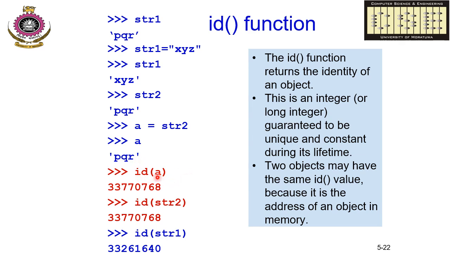So if you say id a or id str2, in both situations the id function will give the same output, because a and str2 are referring to the same object in memory. But str1 is something else, because str1 was reassigned to another object. It is referring to this xyz object, and it has a different identifier.